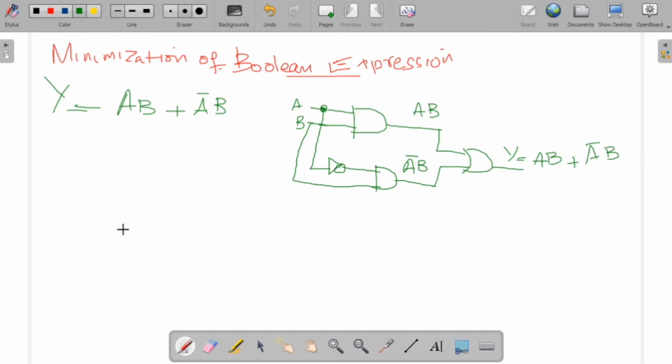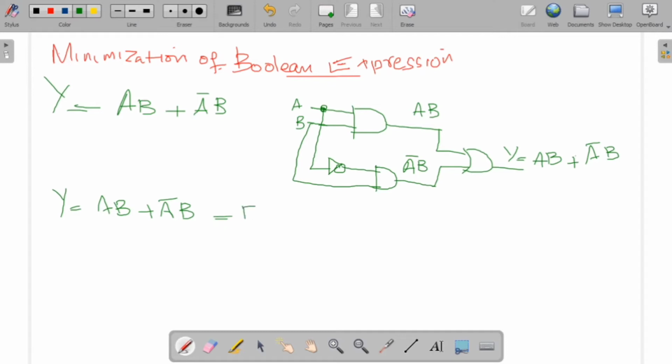So how many gates do you have to use? Here I have used 4 gates, isn't it? 2 AND gates, 1 NOT gate and 1 OR gate. But you look into the equation. Here comes the minimization. y is equal to ab plus a bar b. I can arrange the terms.